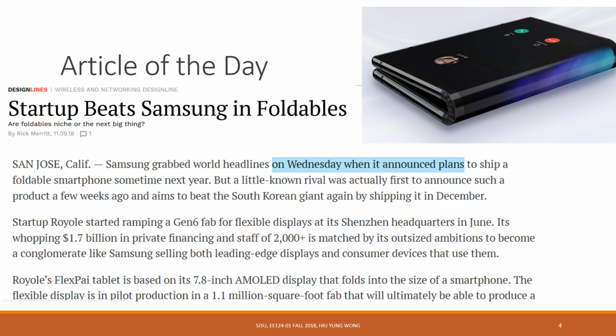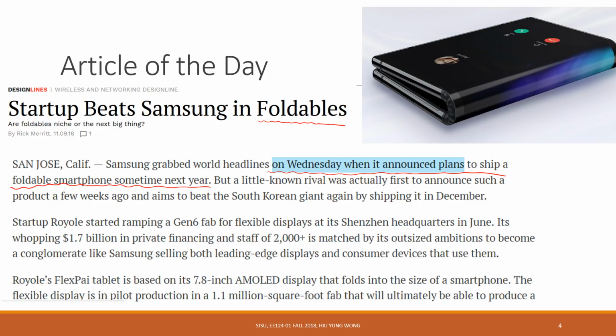Still, we will go over the article of the day. I find this article interesting because nowadays many companies are trying to make a foldable cell phone or a foldable portable device, and Samsung is one of them, which is pretty successful. They announced that they are going to ship the foldable smartphone next year.